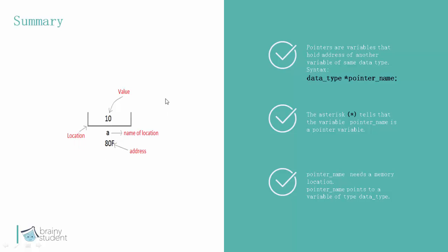So this particular location has a name a, value 10, and memory address as ATF. Pointer name needs a memory location. Pointer name points to a variable of type data type. Means similar type of data type should be there, then only the pointer variable will able to point it.